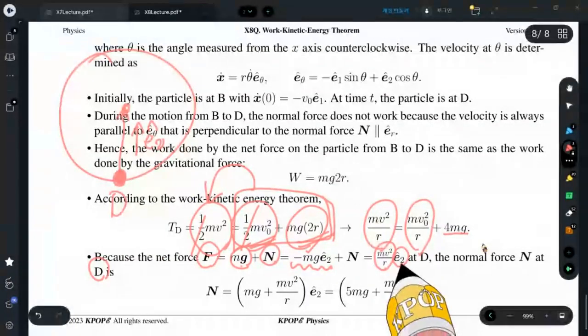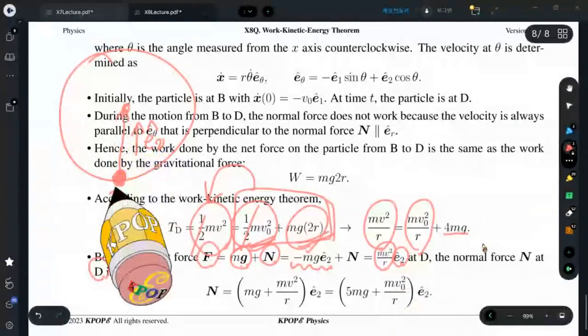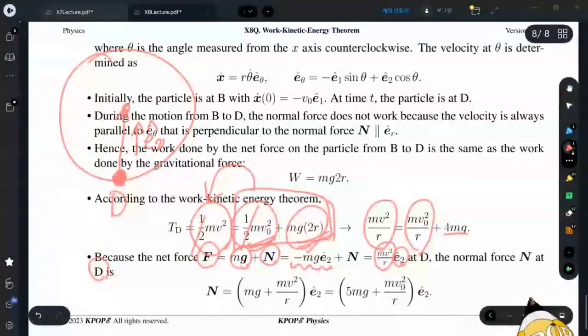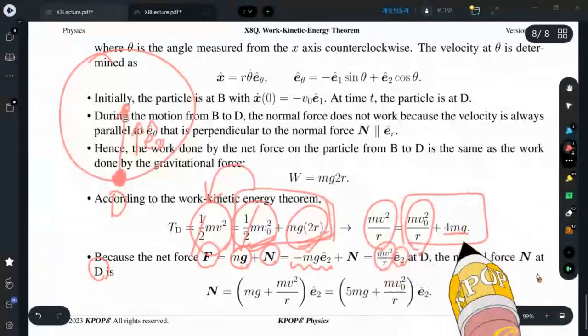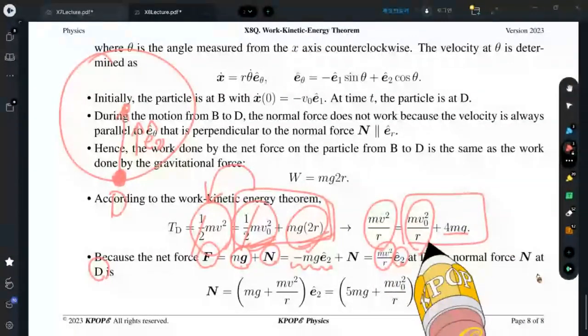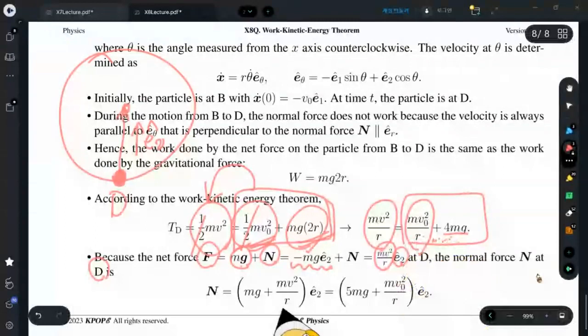The unit minus the unit radial vector is e2 at this point. Therefore, I substitute this result that came from the work-kinetic energy theorem. I substitute in here.